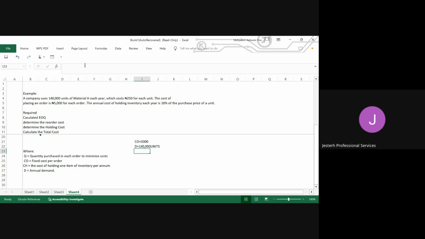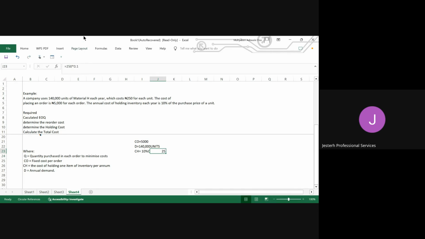Now, what is our Ch? Our Ch here is going to be 10% of our purchase price per unit. Now, 10% of how much is our purchase price per unit? It is 250 naira. Now, 250 naira is going to give us 250 naira multiplied by 0.1.